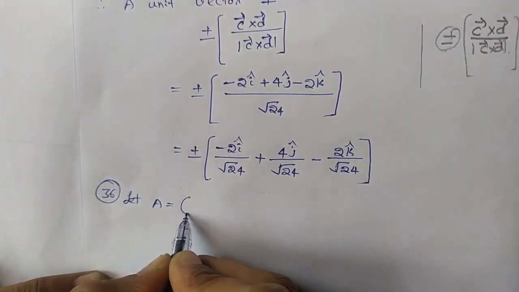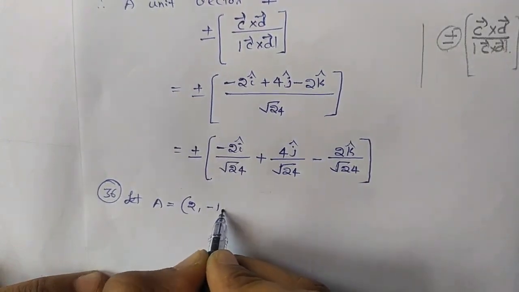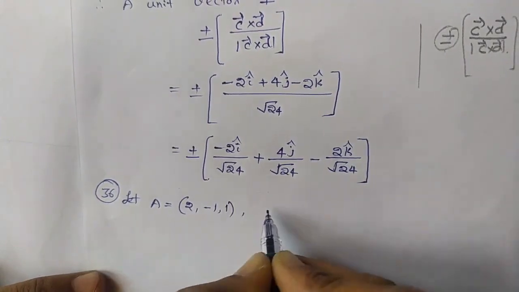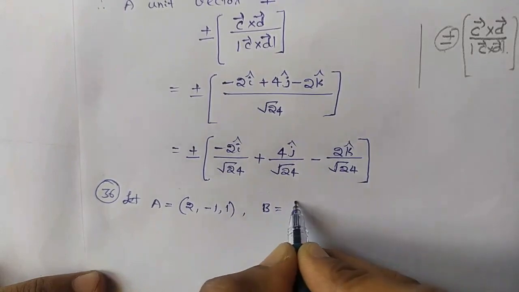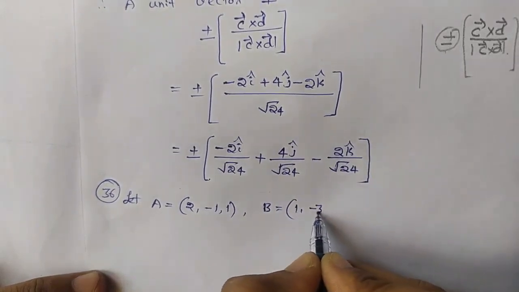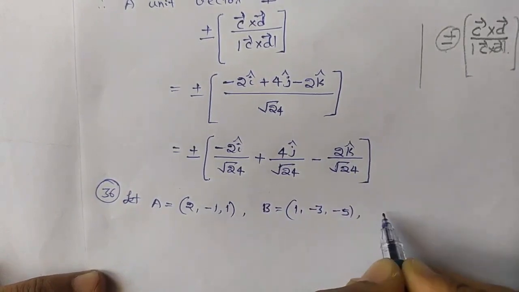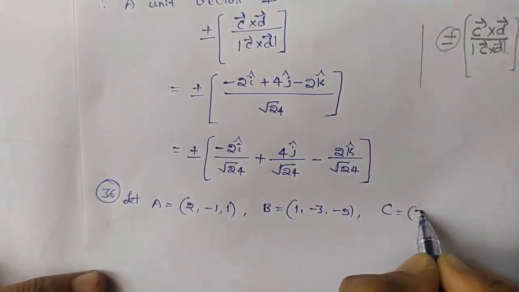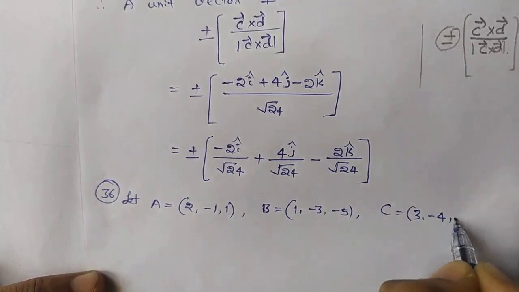Let the point A be 2, minus 1, 1. Next the point B is 1, minus 3, minus 5. Next the point C is 3, minus 4, minus 4.